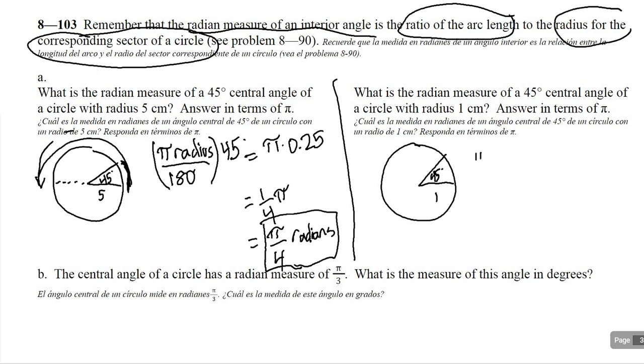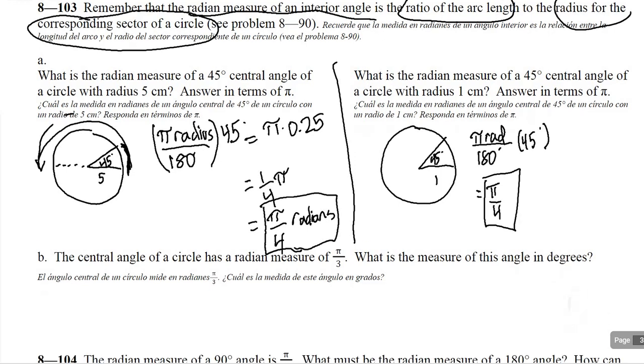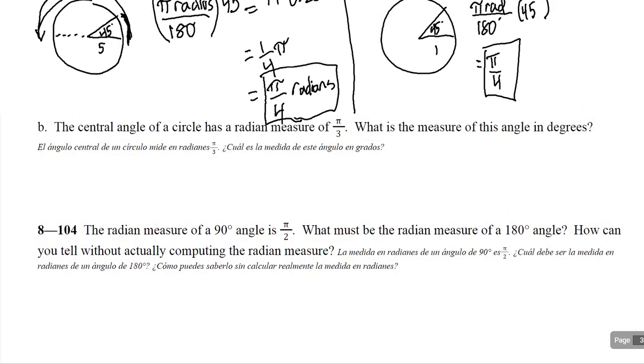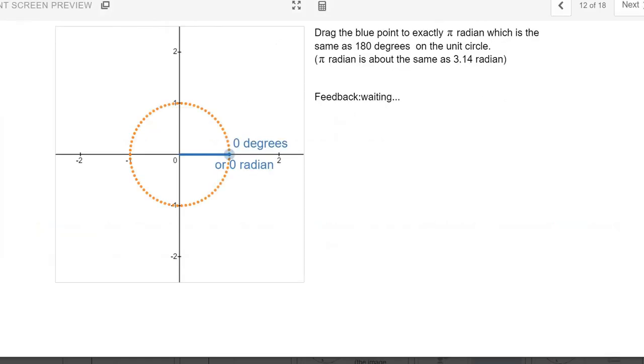Okay. Angle, radian measure of pi over 3.